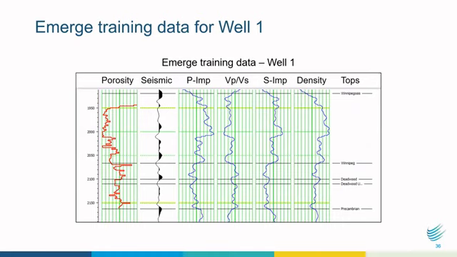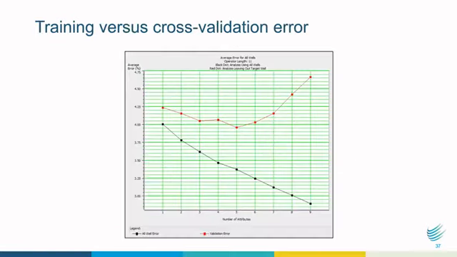Additionally, we also used some standard attributes like derivative or integrative attributes, which might be helpful to find the relationship. We also used nonlinear transforms of all of these input attributes. It's quite a common practice for machine learning techniques.